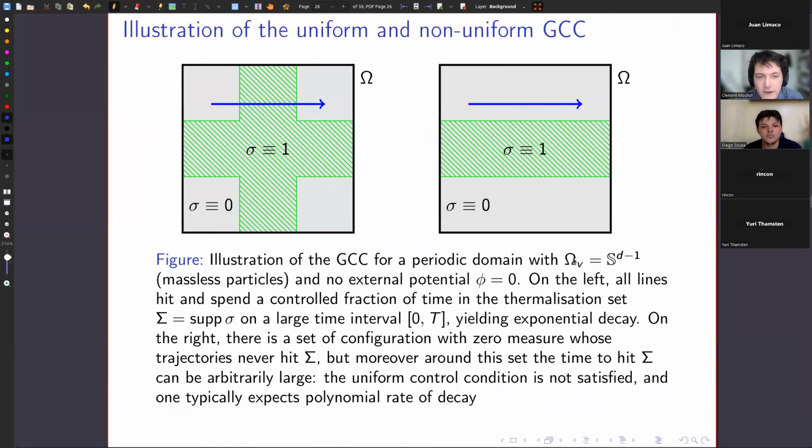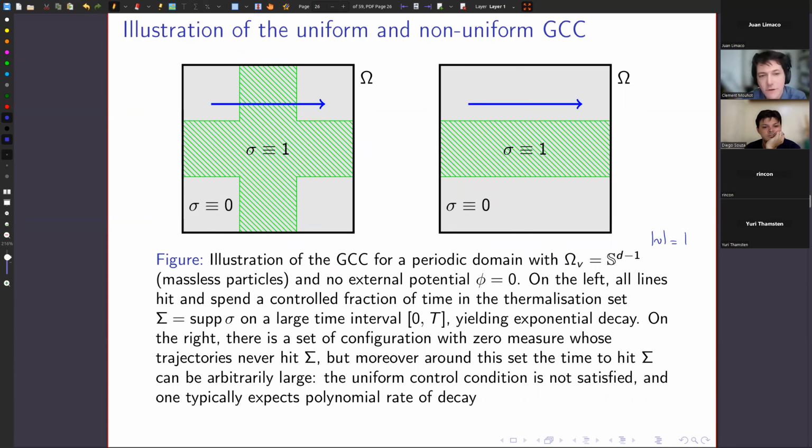Now let me illustrate what it means. On the left, you have a uniform geometric control condition. So I'm looking at photons, particles with velocity whose modulus is always 1. Well, 1 is in fact the speed of light, but I just normalize it to 1.